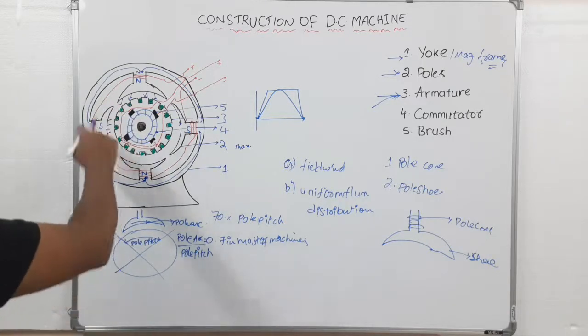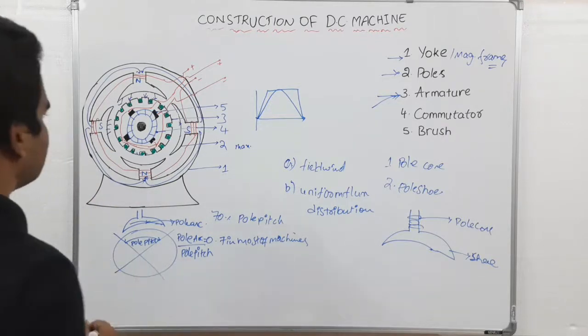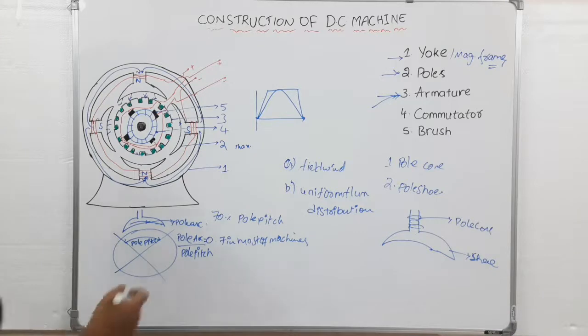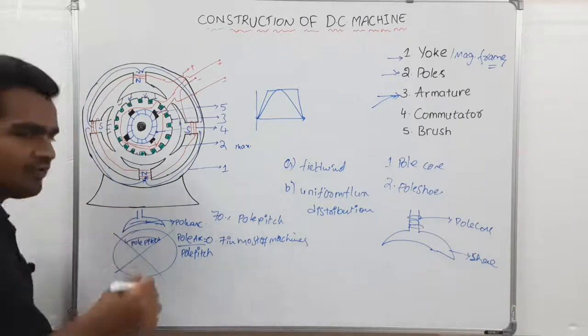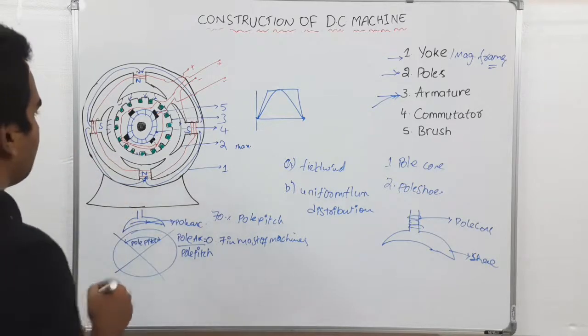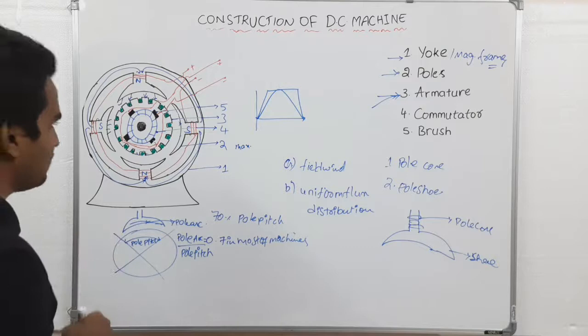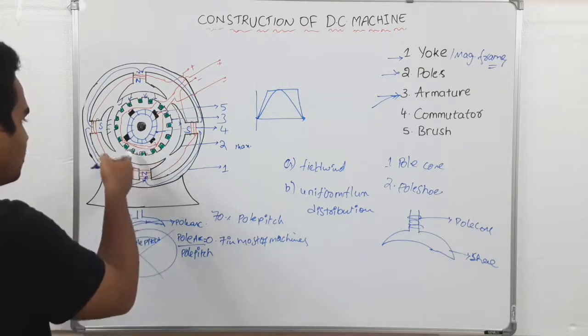These slots are laminated to avoid eddy current losses. We'll see what eddy current loss is in further lectures. Because the generated EMF is AC, eddy current losses will be there. To avoid those losses, these laminated slots are used.